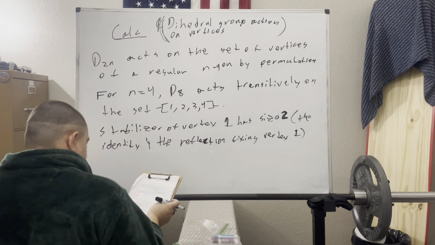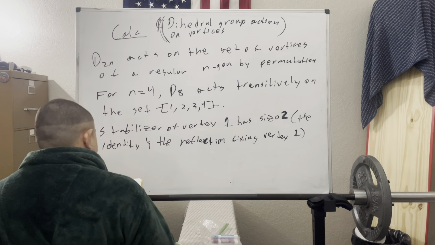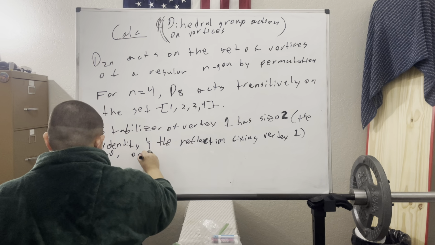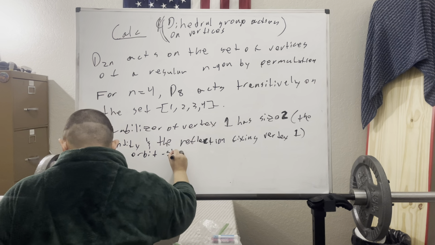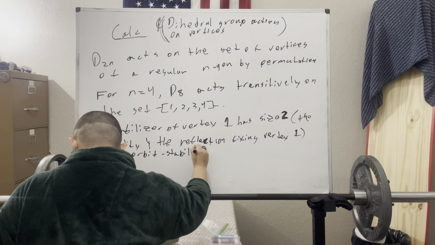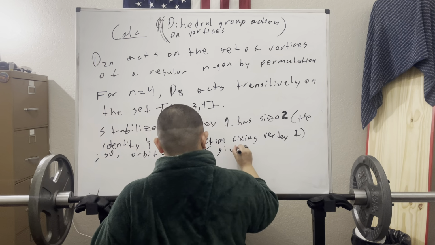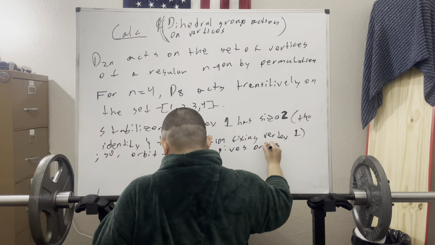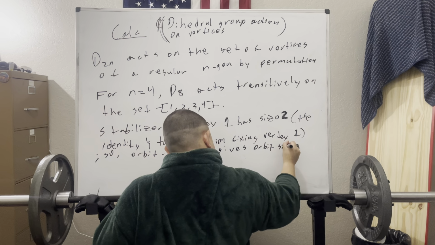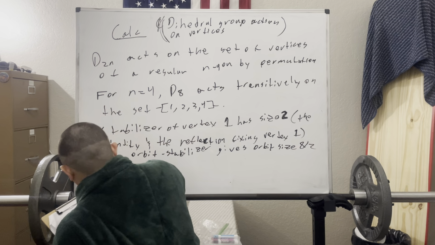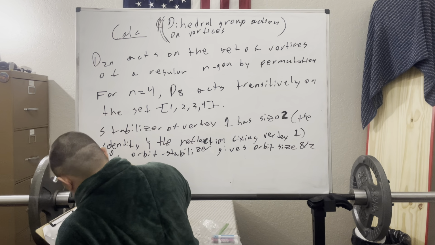Okay, so orbit-stabilizer gives orbit size 8 divided by 2, quotient 8 over 2, is equal to 4.